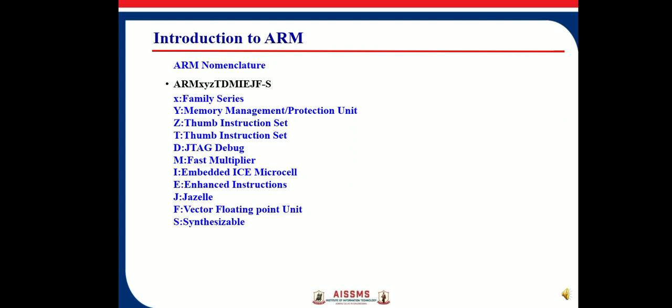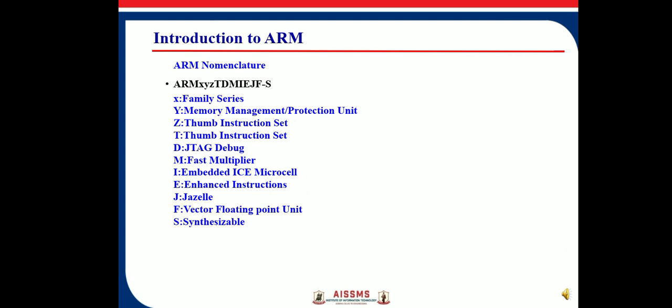So what is the meaning of T? T stands for the Thumb instruction set. The ARM processor supports both the 32-bit ARM instruction set and the 16-bit Thumb instruction set. The original 32-bit ARM instruction consists of 32-bit opcodes, which turns out to be a 4-byte binary pattern. The 16-bit Thumb instruction consists of 16-bit opcodes, or a 2-byte binary pattern, to improve the code density.